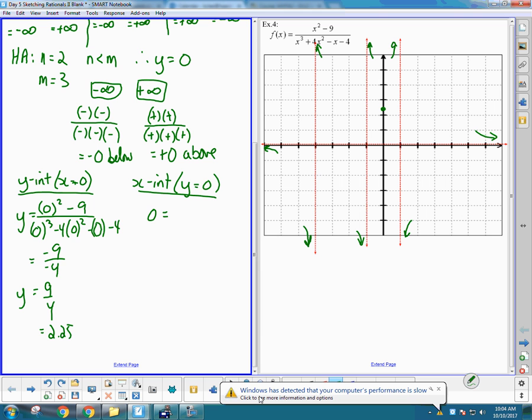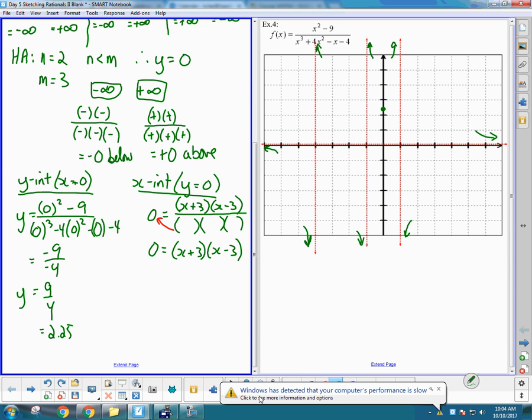Now I think it's going to be easier to use the factored version of this. And that bottom, I'm not even going to bother writing those 3 factors from the bottom because it's going to get multiplied by 0, so it's going to disappear anyways. So I really only need to look at the top.